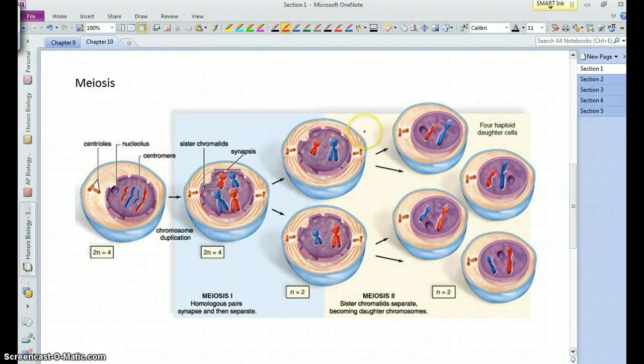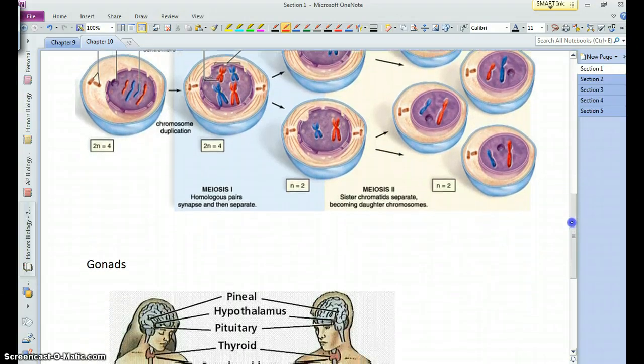The first division of meiosis is sometimes referred to as the reduction division, because we're going from being diploid to haploid. Now there's a second division in meiosis where these two cells split into 2 themselves, thus resulting in 4, and they are also haploid. Now here you'll notice that the chromatids have been separated. We end up with 4 haploid cells at the end of meiosis.